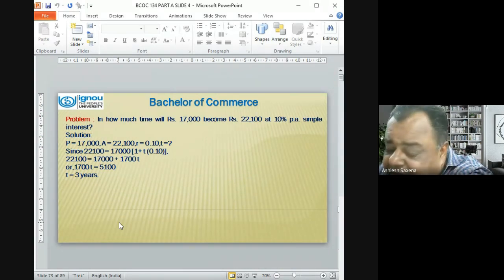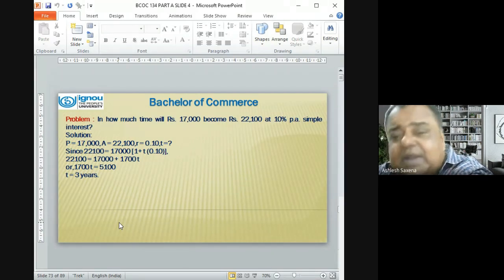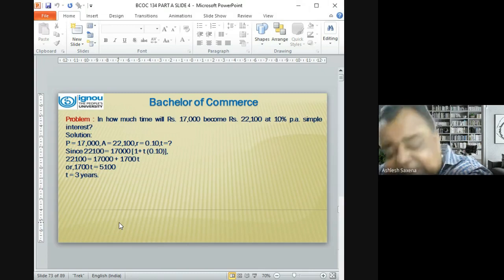Keep one thing in mind: principal is always less than the amount. The number which is bigger is always the amount because amount includes principal plus interest.